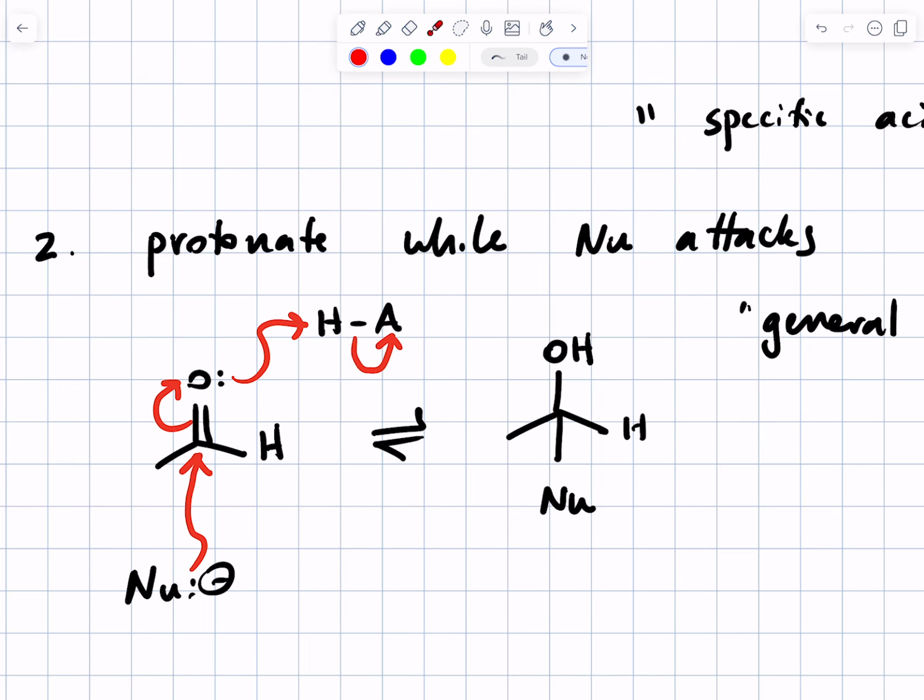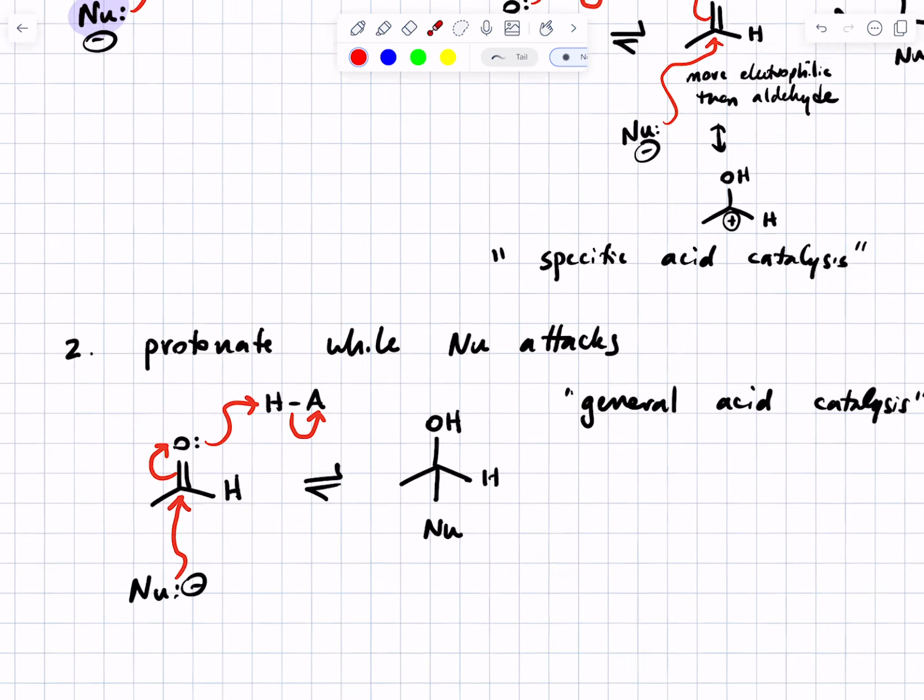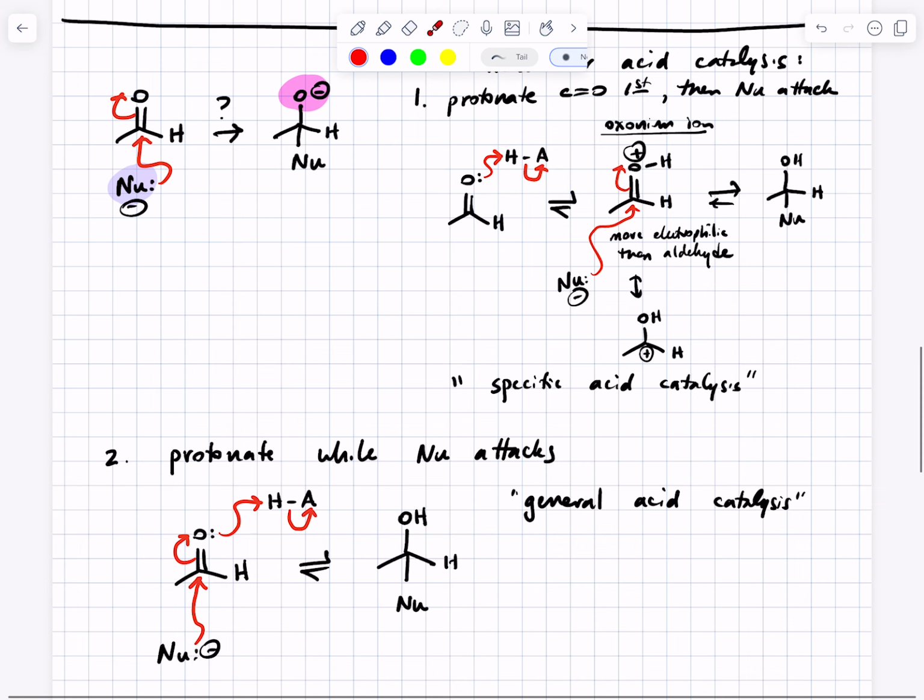Others? Yeah? What are the conditions to generate specific versus general acid catalysis? Great question. You could imagine a couple of things mattering. First, the nucleophile. If the nucleophile is really strong, you might think it's not going to wait around for the acid to protonate first, it's going to attack during.